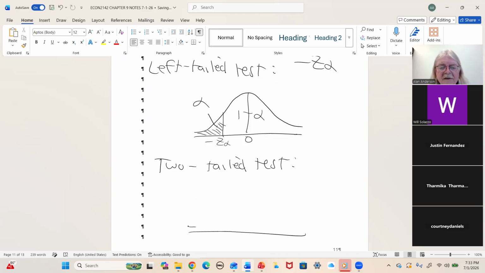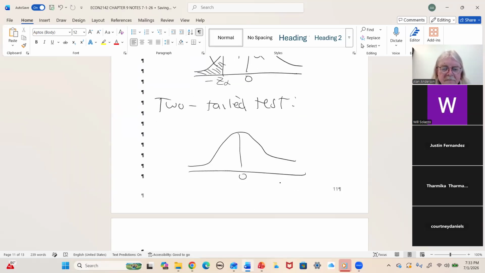We're going to put half of the area in either tail, so there are two critical values, positive and negative. This contains half the alpha, this contains the other half.